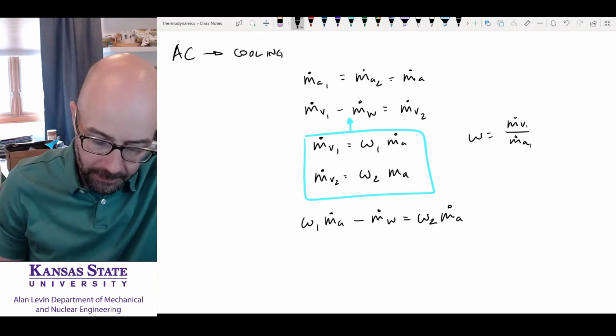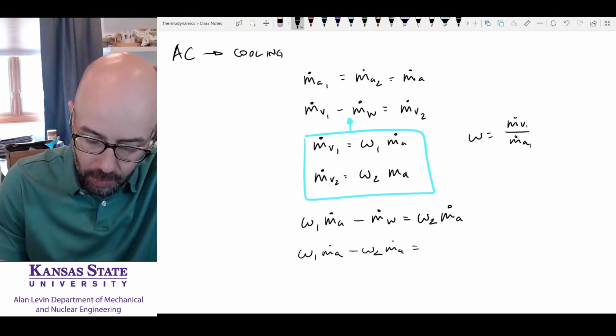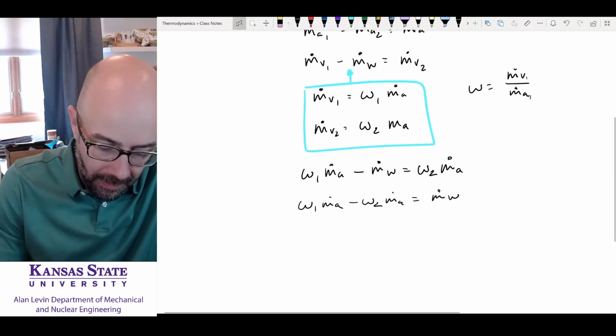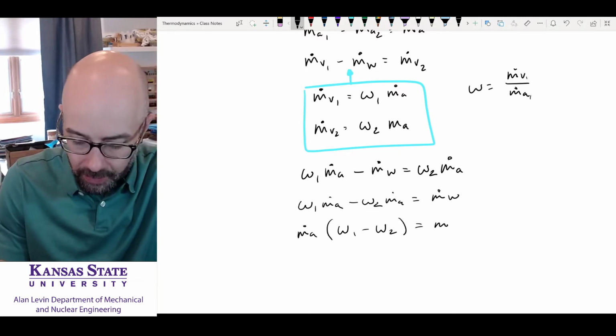I can rearrange this and say that omega 1 times the mass flow rate of air minus omega 2 times the mass flow rate of air is equal to the mass flow rate of my water. So the mass flow rate of my air times (omega 1 minus omega 2) is equal to the mass flow rate of my water.